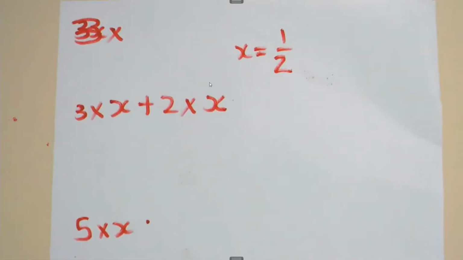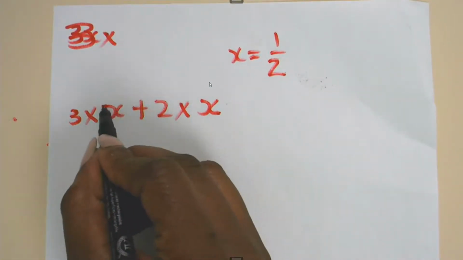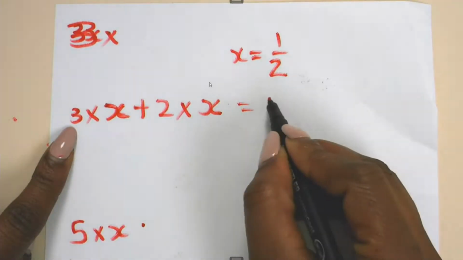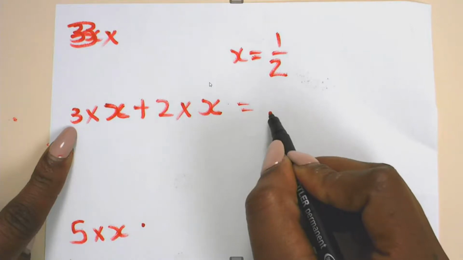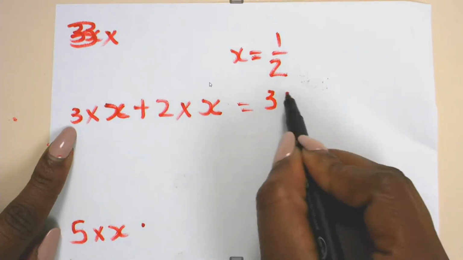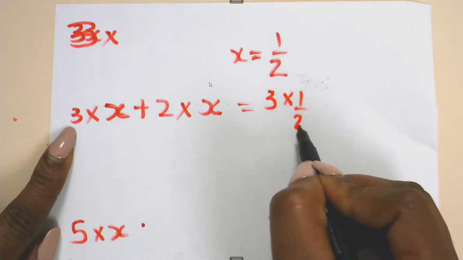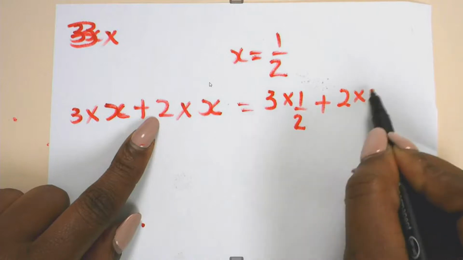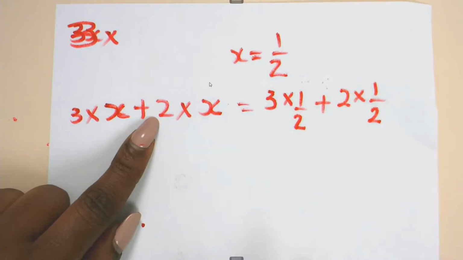Then the first one, remember we are going to substitute: 3x equals 3 multiplied by x plus 2 multiplied by x. Then we have 3 multiplied by a half plus 2 multiplied by a half.